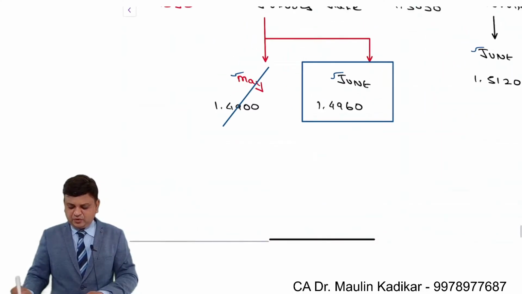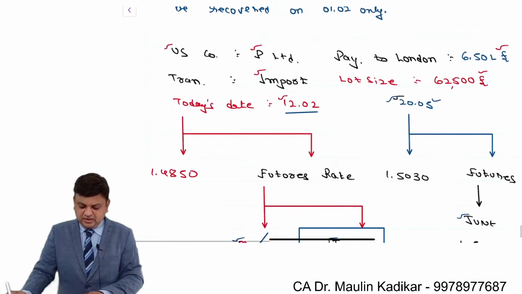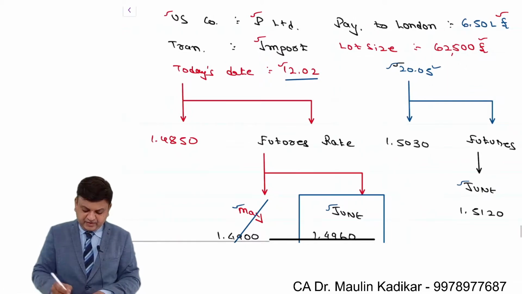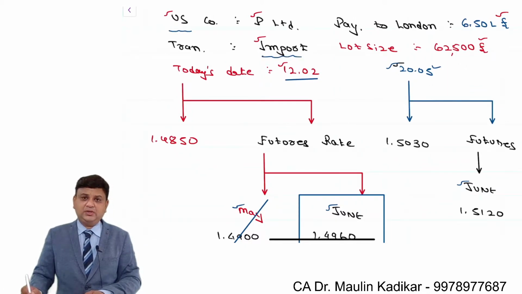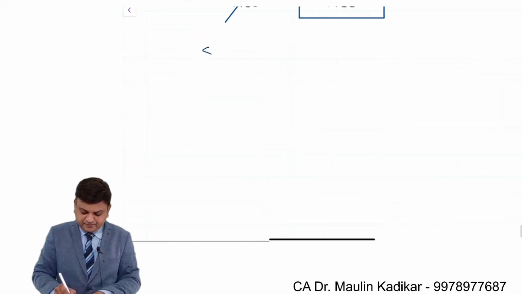Now, what kind of the futures contract? That's very simple. Nothing is great in that. We are a US company and we have imported goods. So the futures contract in which we would be interested is sell of dollar and purchase of pound.